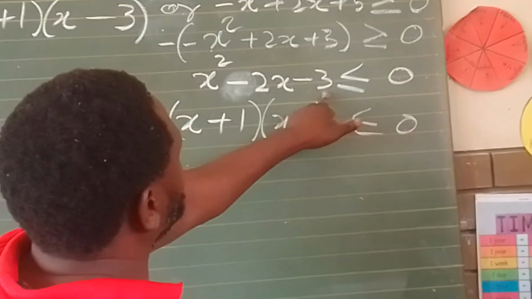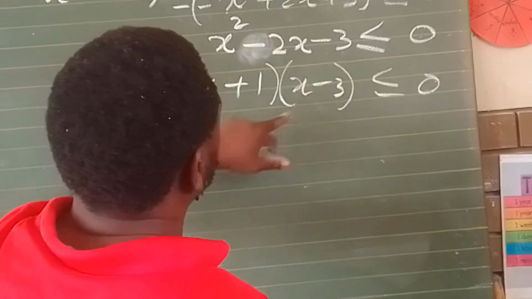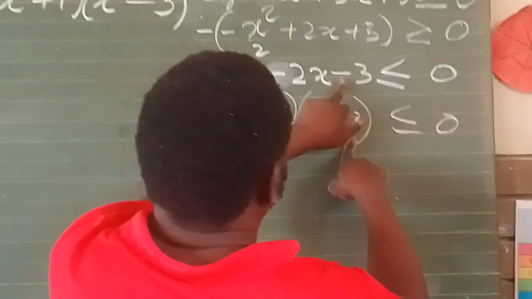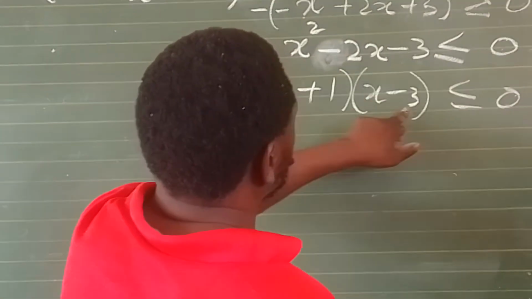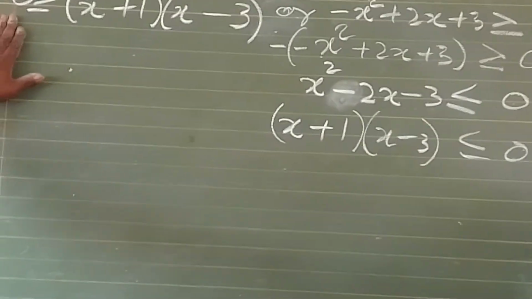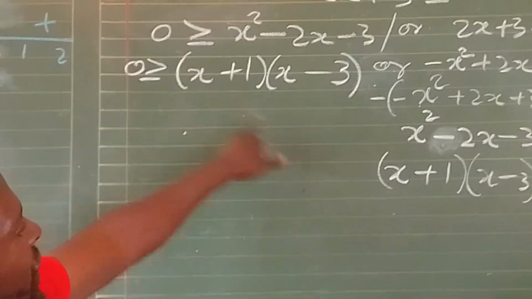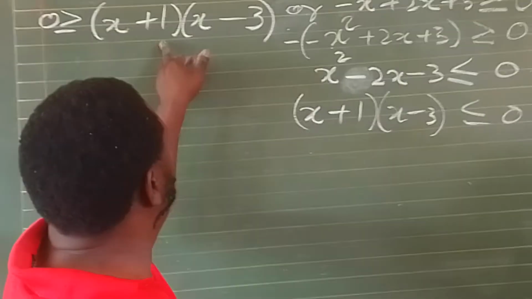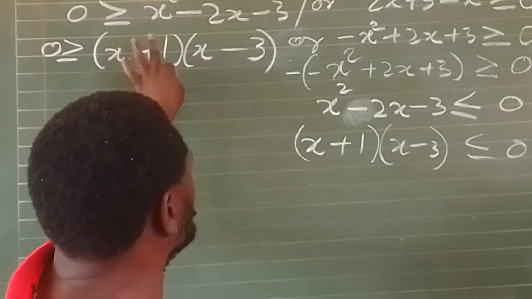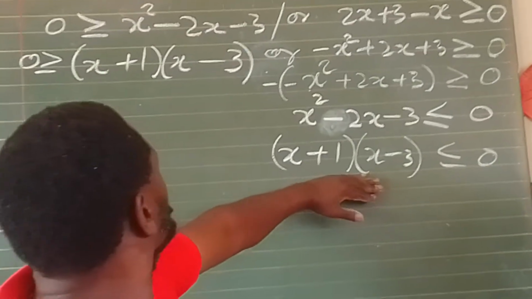The factors of 3 that when added or subtracted will give you a 2. 3 and 1 are not the same. The bigger one should have a negative. Remember, we've got 0 is less or equals to x plus 1, close bracket, and open the other one, x minus 3. This is the same condition. Do you see that?